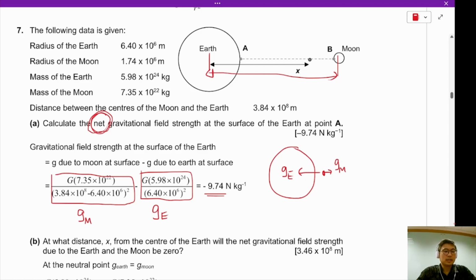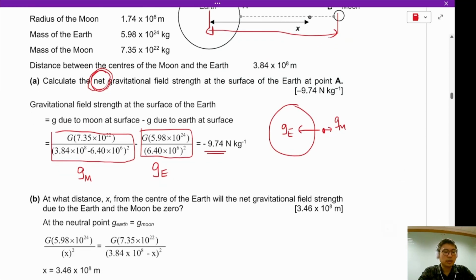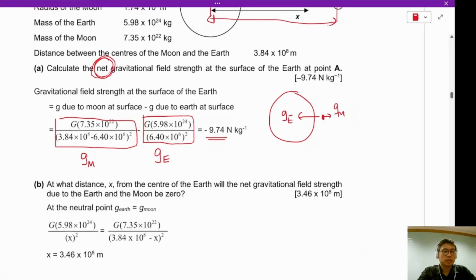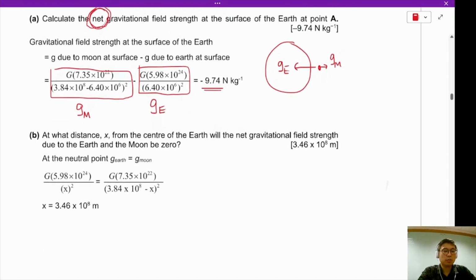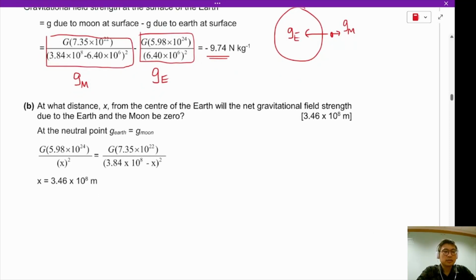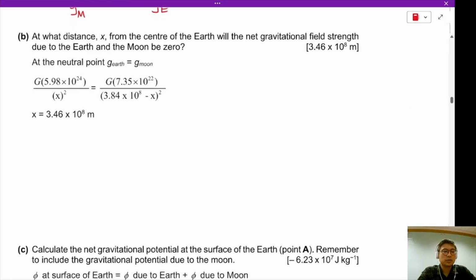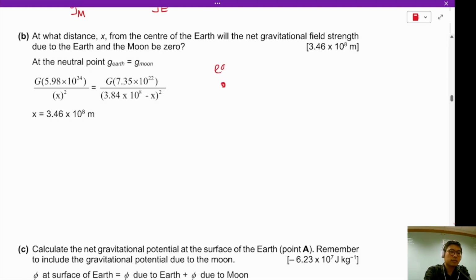Now, at what distance x from the center of the Earth would the net gravitational field strength due to the Earth and the Moon be 0? So this is a neutral point problem, which we have done before, so I won't go through it too much again. I'm sure you know how to do the gravitational field strength problems. So this is the Earth, and this is the Moon, and this is the distance from the center of the Earth, x.